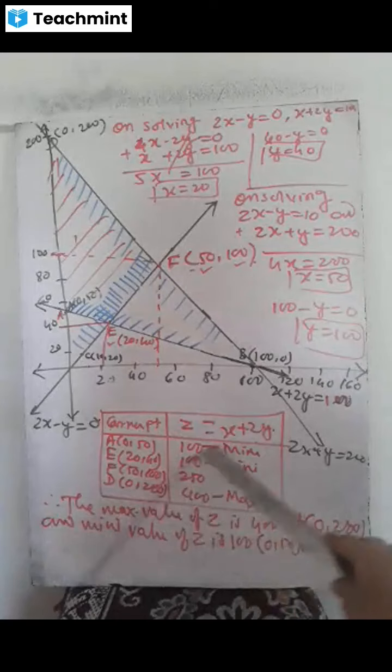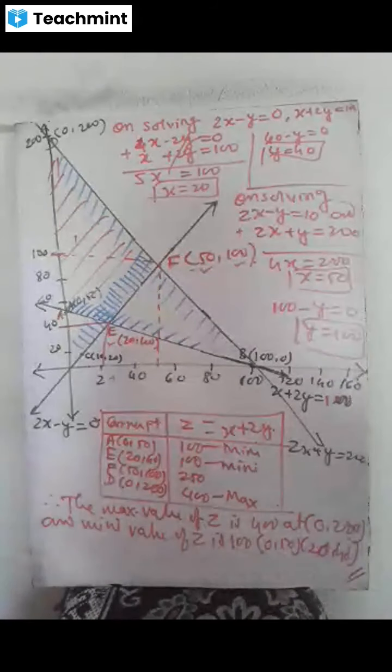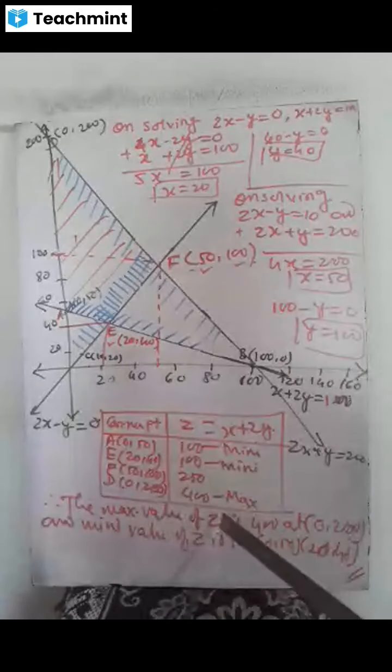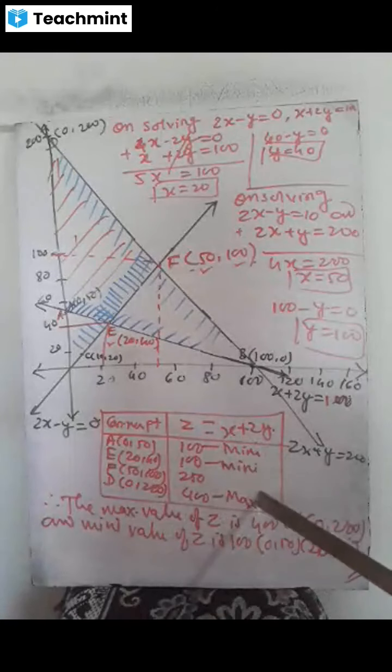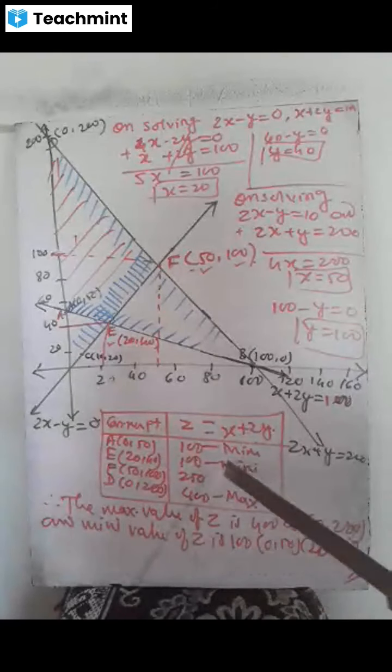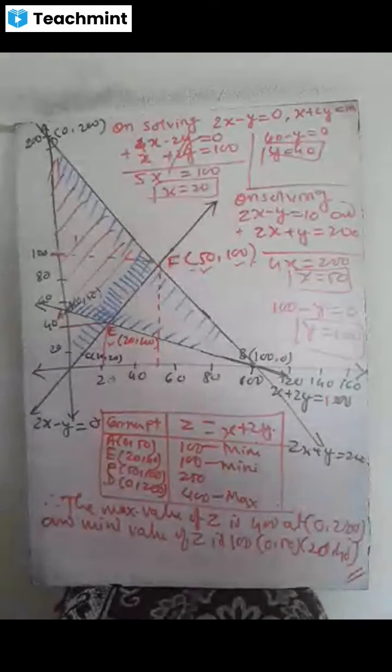Again putting 0, 100 we got 400. So now 100 is the minimum value and 400 is the maximum value. So the maximum value of z is 400, and this is for this point, and the minimum value is 100, and it occurs at these two points. So likewise we have finished this exercise.